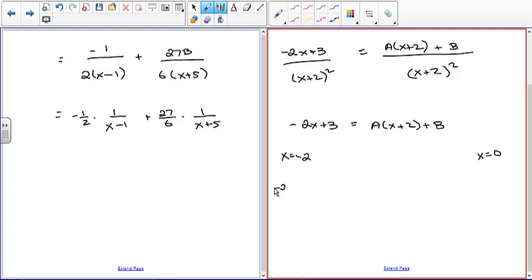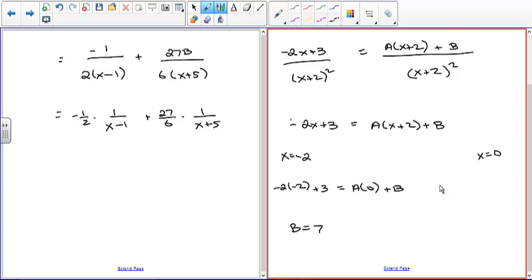So we'll get negative 2 times negative 2, negative 2 from here, negative 2 from there, plus 3 equals a times 0. Negative 2 plus 2 is 0, plus b. So we get b is equal to 7. Negative 2 times negative 2 is 4, 3 plus 4 is 7.